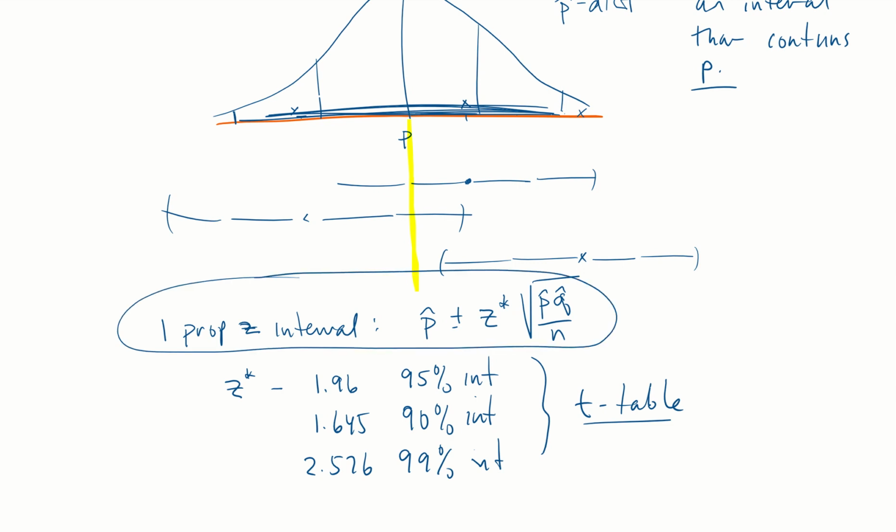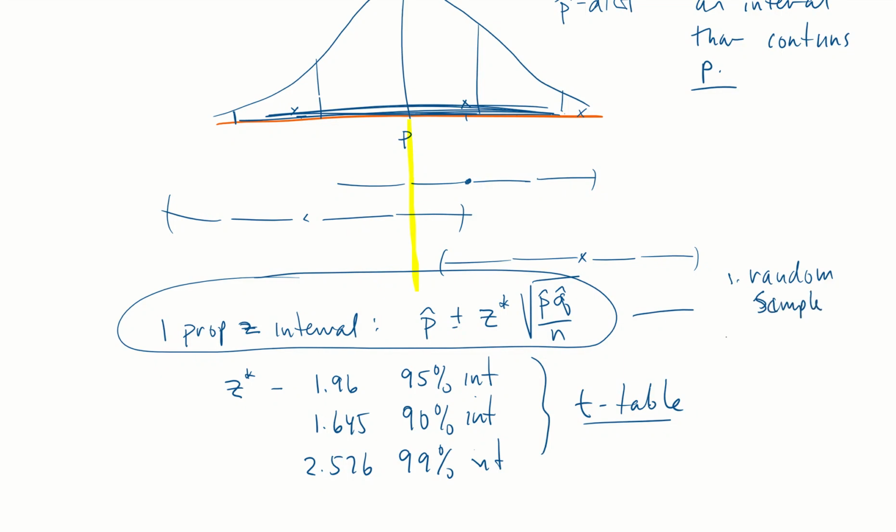And in order to use this, what are our conditions? Our conditions that have to be met are: 1, we have to have a random sample, because if our sample isn't random, then it can't represent the population at all.